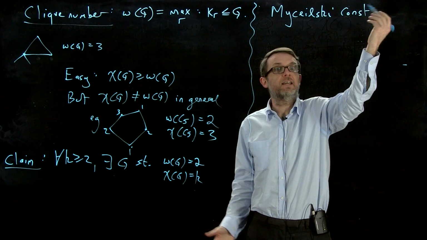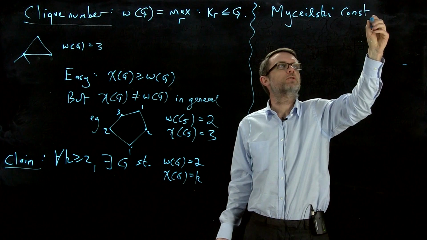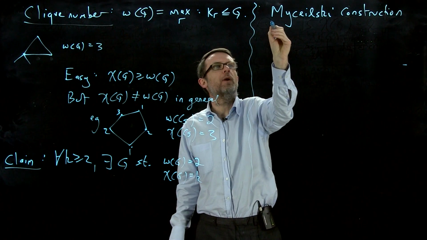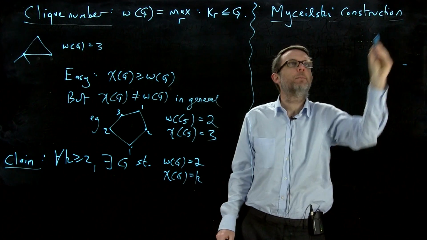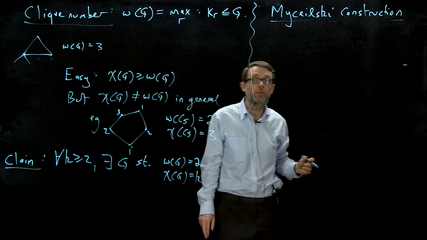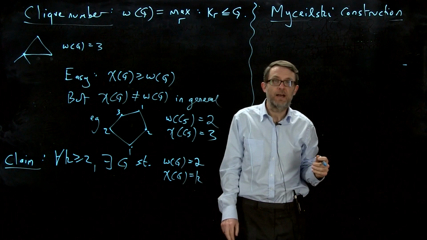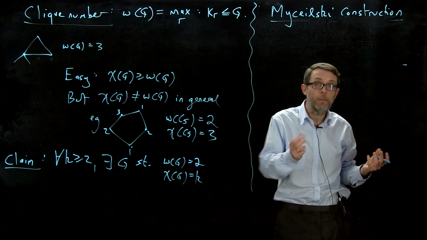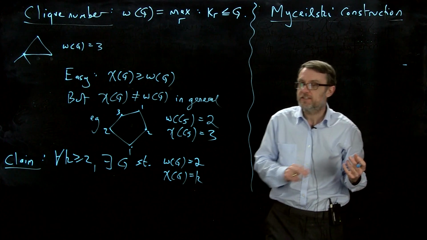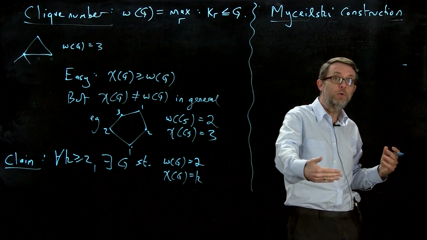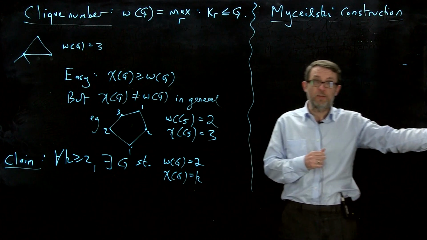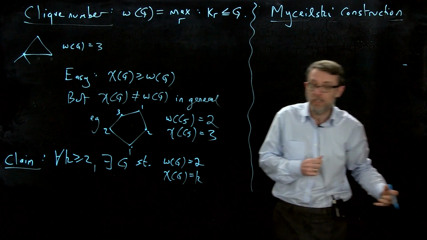So Mycielski, a Polish-American mathematician of the 20th century, gave the following lovely construction, a way of taking one graph and building out of it a bigger graph. And it turns out that Mycielski's construction has lots of properties, but it's going to have 2 properties that are relevant to us. The first is that if you feed into the Mycielski construction a graph that doesn't have a triangle, then what you get out the other end also doesn't have a triangle.